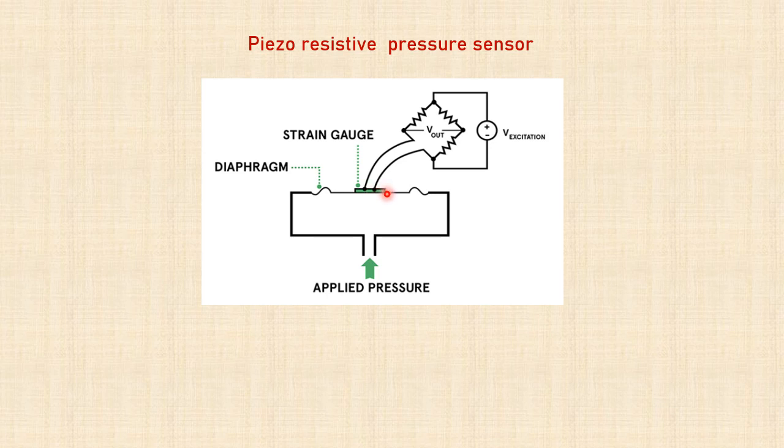So the resistance of this metal grid on the strain gauge changes. Now that modifies this excitation signal, by which you can estimate the pressure applied. So this is a simple pressure sensor employing strain gauge. So the displacement of the diaphragm again is being sensed by this strain gauge.